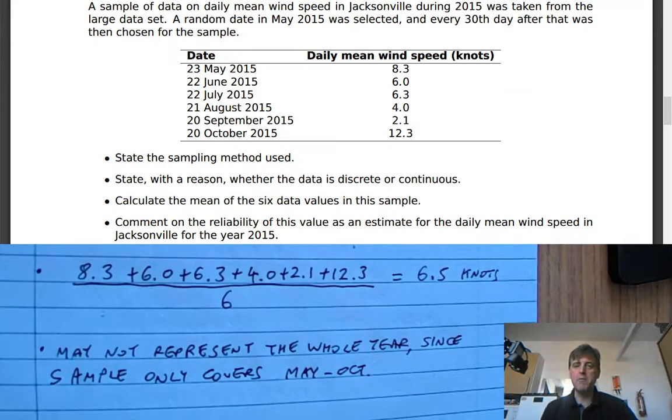Okay, hopefully you can read my scrawly writing there. So may not represent the whole year since the sample only covers May to October. And this is something which we always need to be aware of when we're doing any kind of statistical analysis: does the sample represent the population? It's something which you're going to be having to think about quite a lot and try and work out yourself.